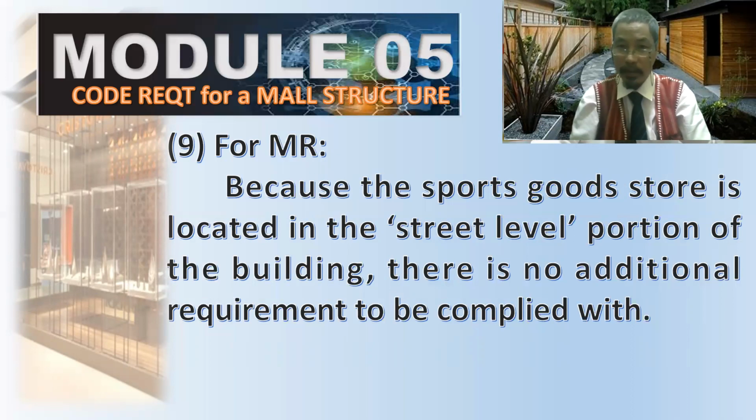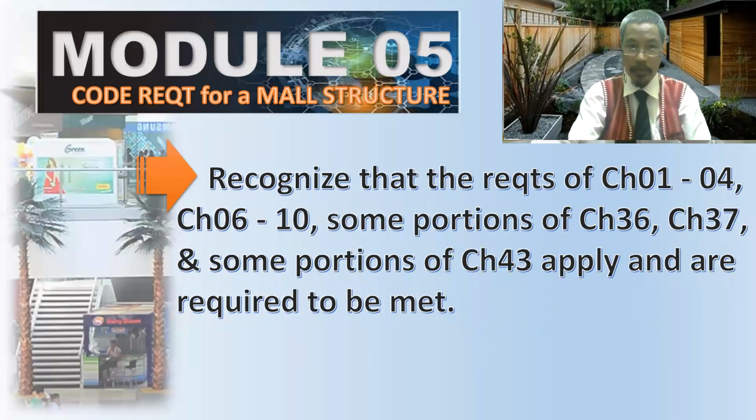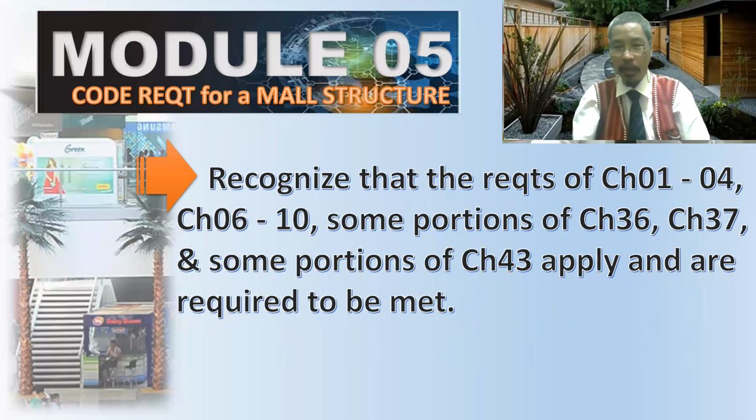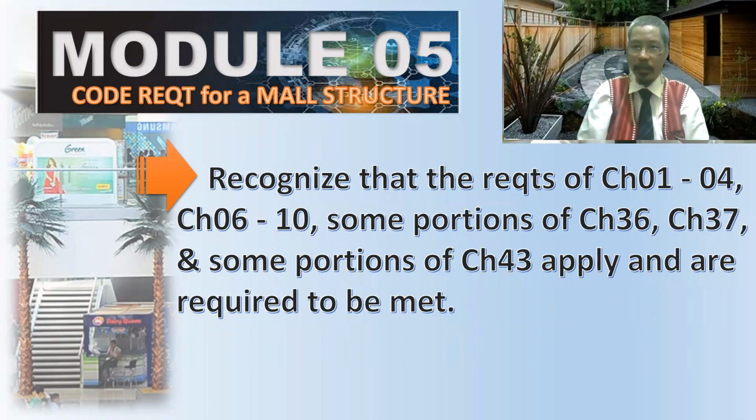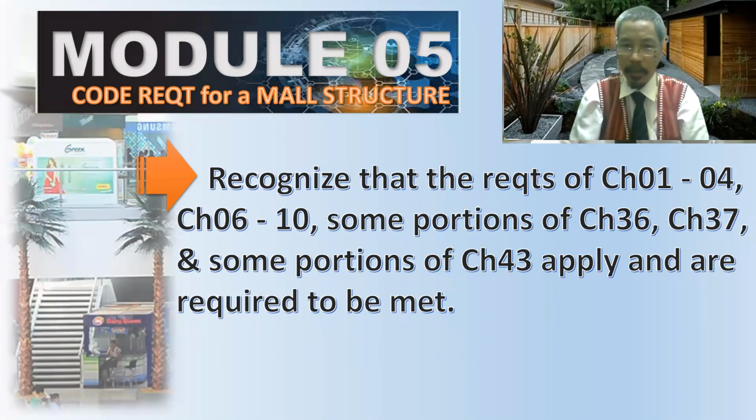Those are for special use. We do not have those. We only have a second floor, a 2-story building, so it is covered. And because of that, we recognize that the requirements of chapters 1 to 4, chapters 6 to 10, some portions of chapter 36, chapter 37, and some portions of chapter 43 apply and are required to be satisfied.